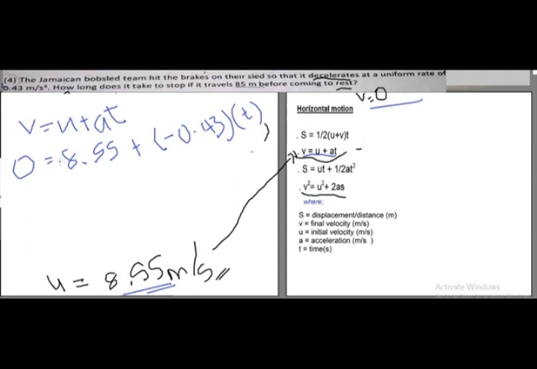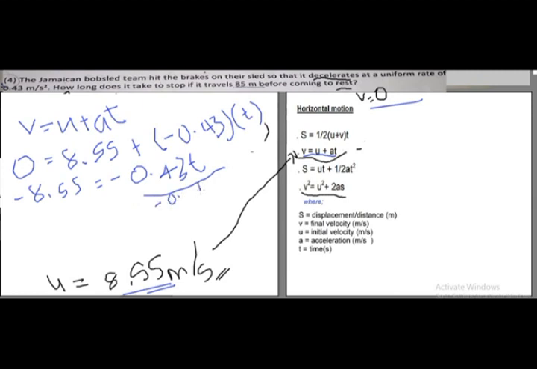Now when we bring 8.55 to the left hand side, we get negative 8.55 is equal to negative 0.43 t, multiplied by t.